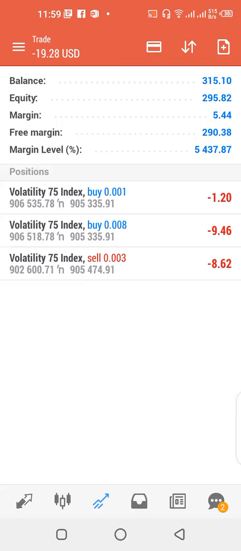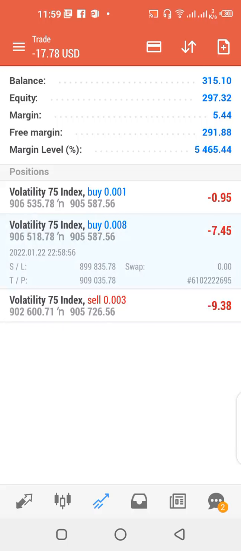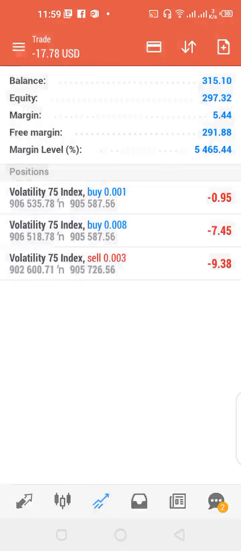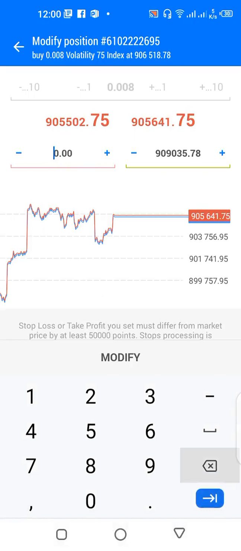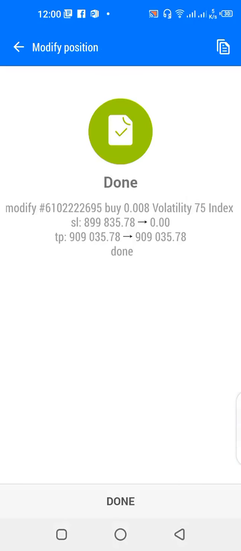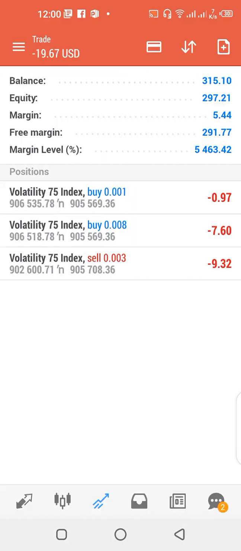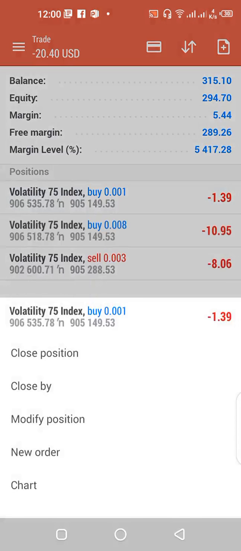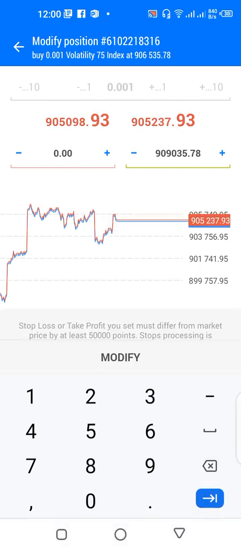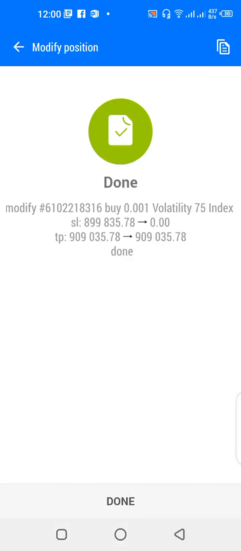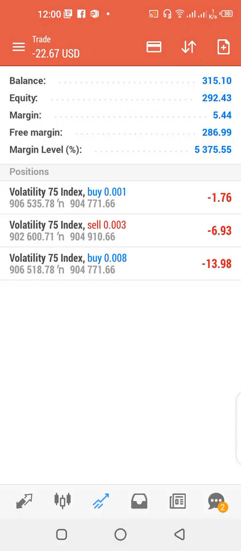So we'll remove the stop loss of all buy positions. That's been removed. Remove the stop loss of this buy position, that has been removed as well.